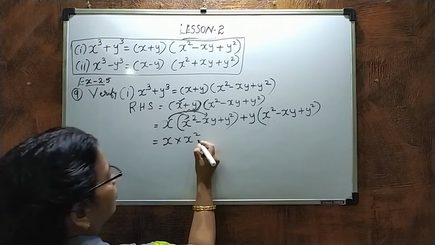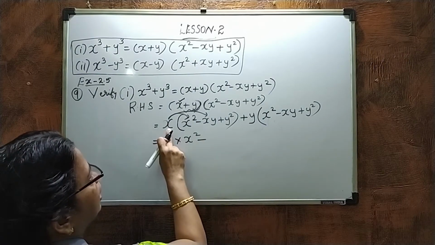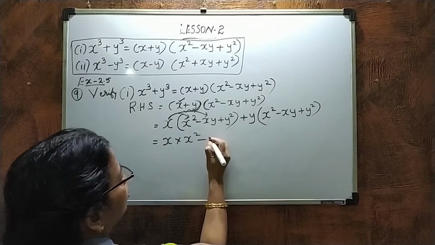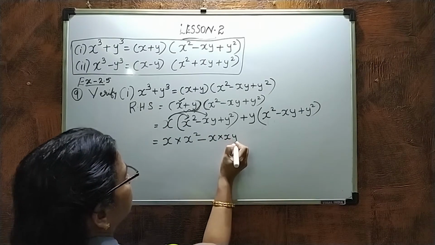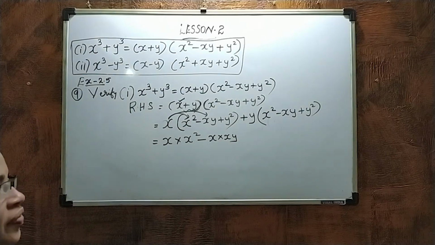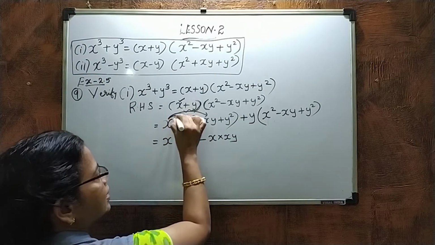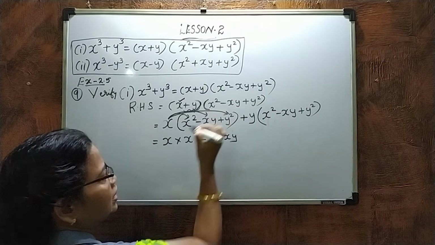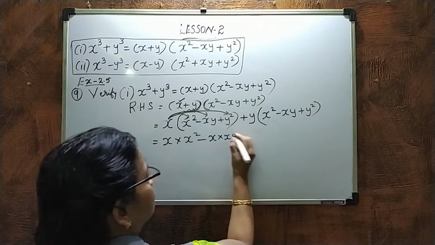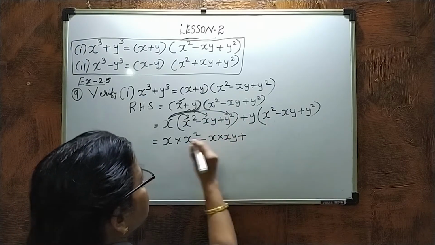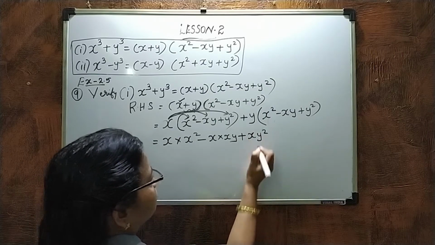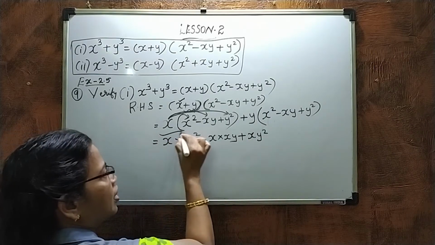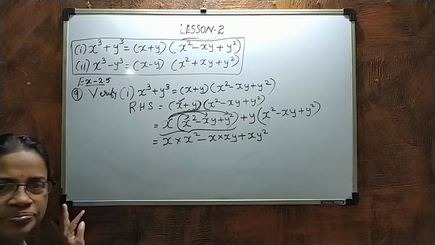So it will be minus x into xy. Okay. Again what is the next step? With this x you are multiplying the third term. So here it is plus x into y square. Now here we completed the multiplication.